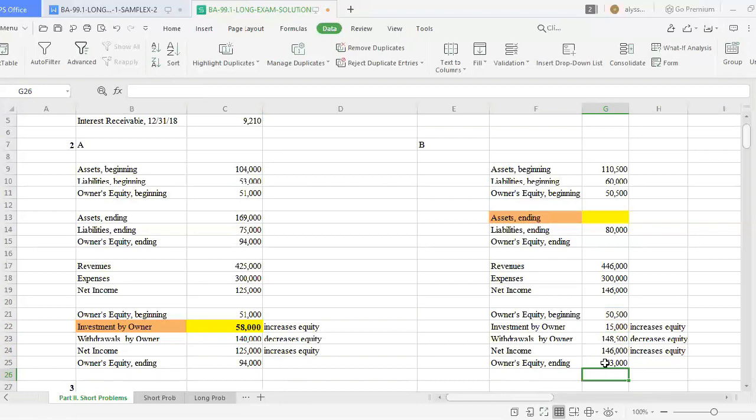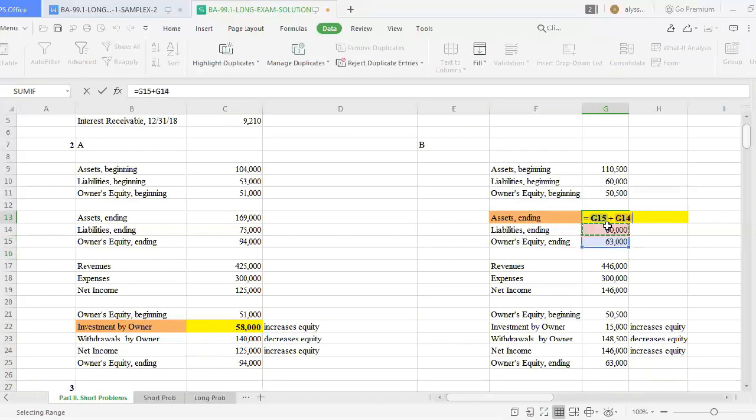So we have here 63,000 owner's equity ending. From what we know, assets less liabilities is owner's equity. So this time, asset ending is owner's equity plus liability. So we now have 143,000 for the asset ending.